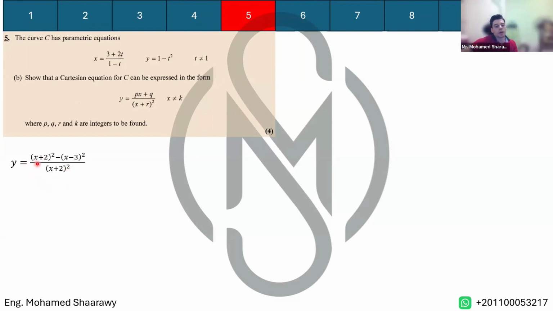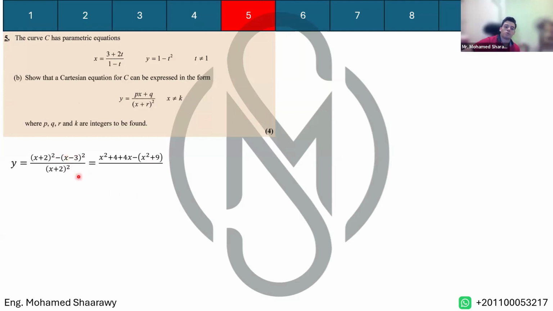Okay, how can I expand a binomial squared? It will be the first squared plus the second squared plus the first times second times 2. Which is x squared, the first squared, plus the second squared, which is 4, plus first times second times 2 is 4x, minus, in the open bracket, the first squared is x squared, plus the second squared, which is positive 9.